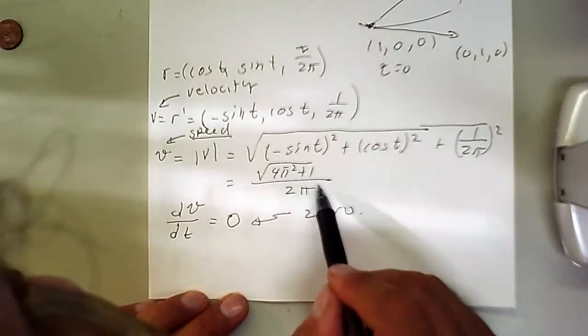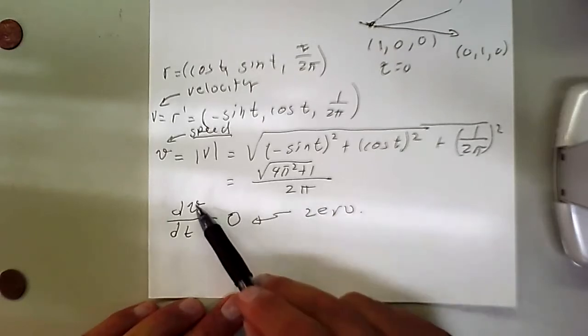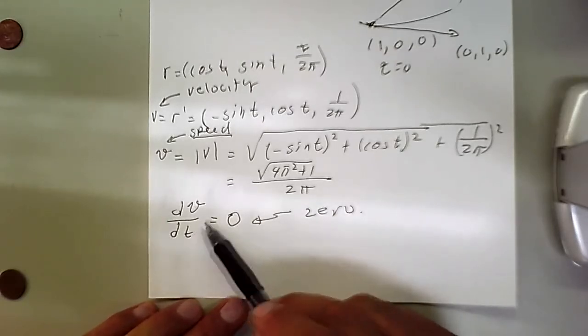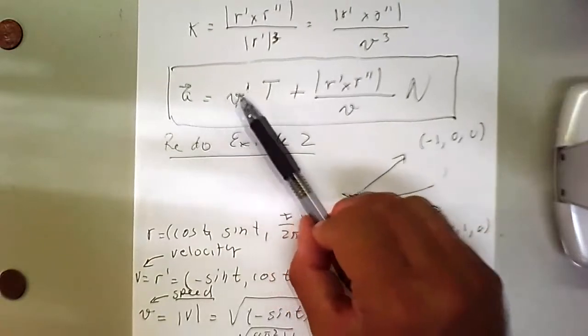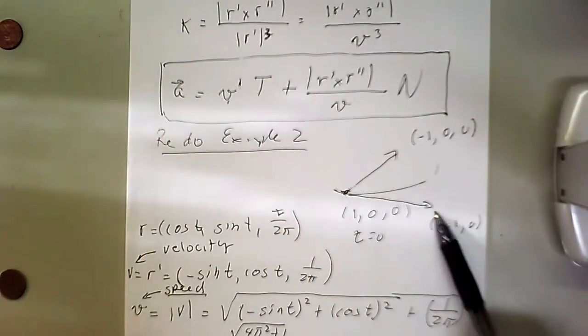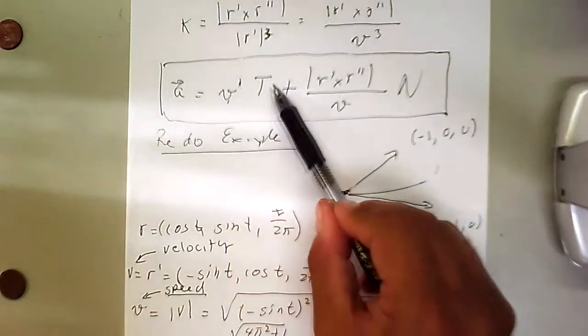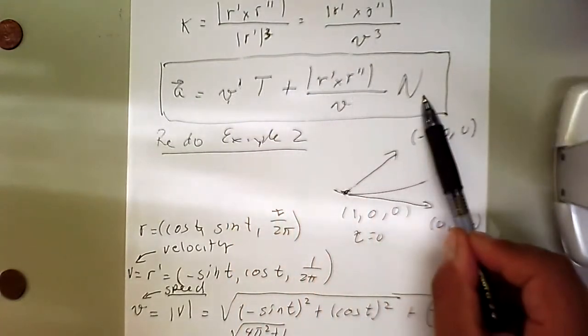It's a number that is a little bigger than 1. So its derivative is 0, which means that the tangent vector does not contribute to the acceleration. The acceleration is this much of tangent plus this much of normal.